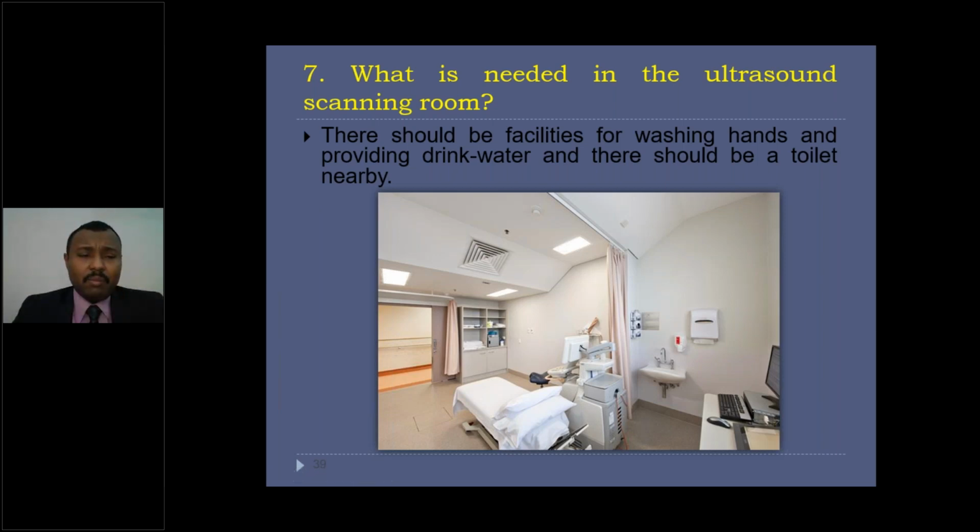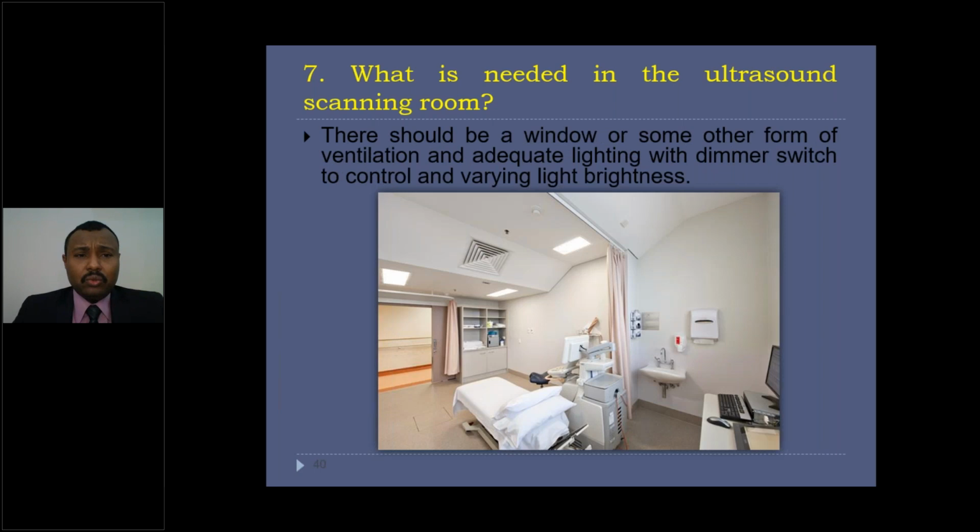This is point number one about the suitable designation of your ultrasound room. There should be a window or some other form of ventilation with adequate lighting. And by adequate lighting, I didn't forget to say that there should be a dimmer.